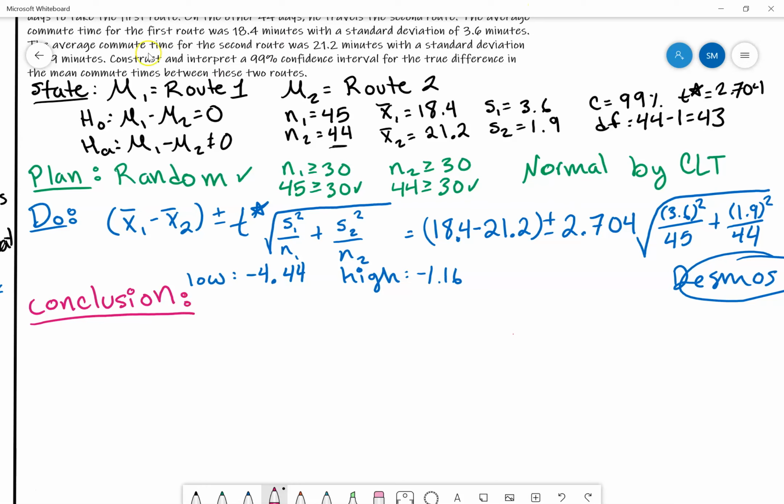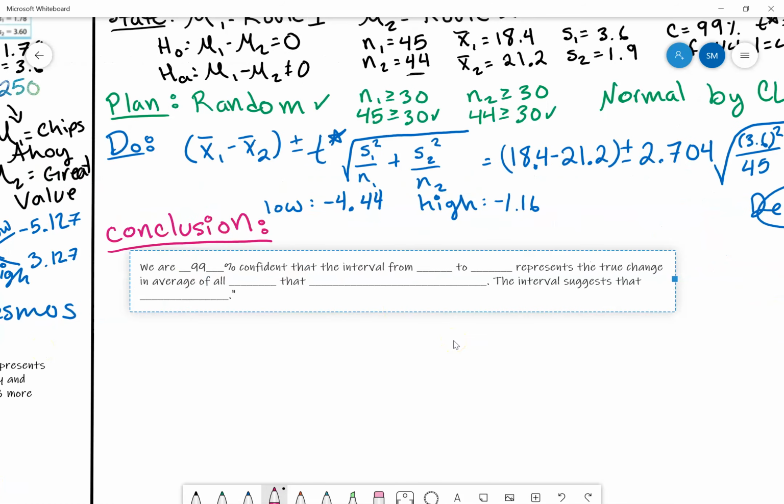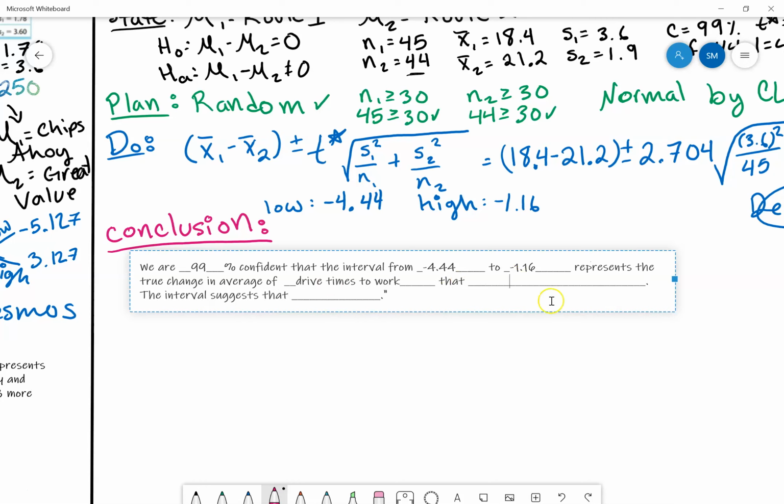So let's go ahead and fill in those blanks. Okay, so we are 99% confident that the interval from negative 4.44 to negative 1.16 represents the true change in average drive times to work, from route 1 to route 2.